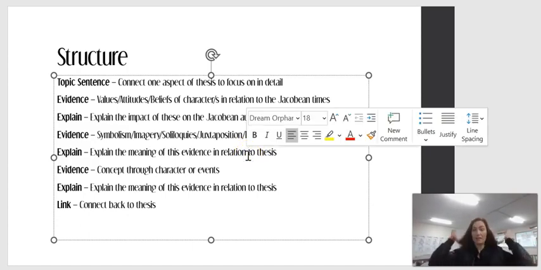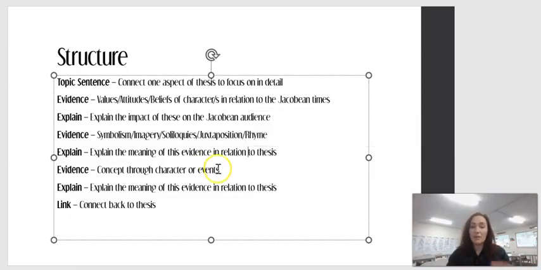Okay, so what does it make the audience think? How does it connect to making a deeper meaning for the audience? So if it's a symbolism of blood, this shows the audience that he feels guilty. Okay, and he realizes that, but he still soldiers on and continues on this path because he knows he cannot wash away his guilt.